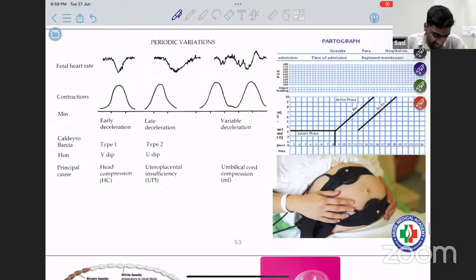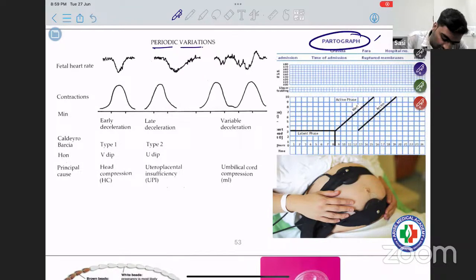Next one, this is how this partogram looks like. This is how this WHO partogram looks like, and here you will be able to see the CTG values and variations. Remember, if both the fetal heart rate and the contractions coincide, like they are kissing, it means early stages, you will kiss.